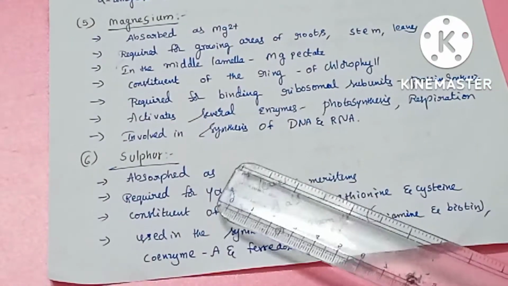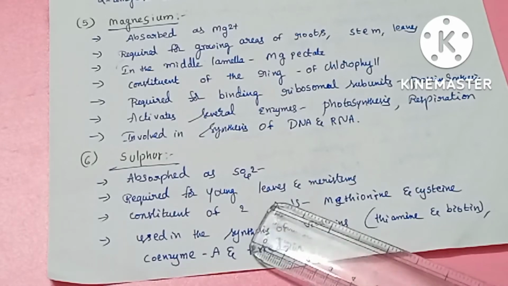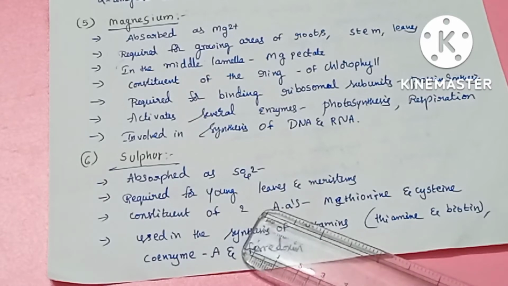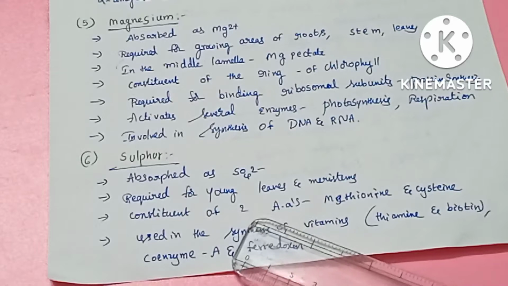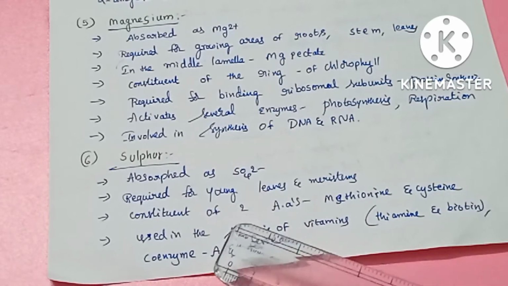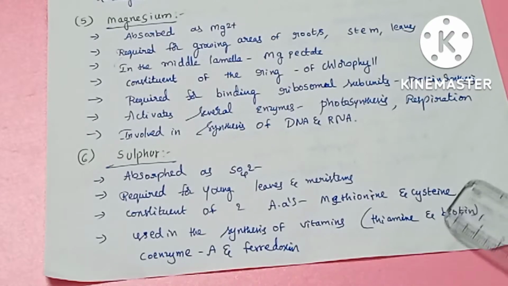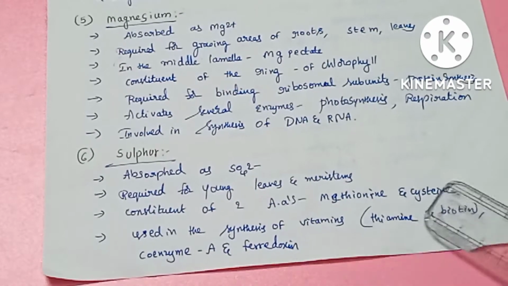And the next element is sulfur. Sulfur is absorbed in the form of sulfate ions. It is also required for the young leaves and meristems, and this sulfur is present in several amino acids and vitamins. In the amino acids, there are two amino acids which constitute sulfur. They are methionine and cysteine.